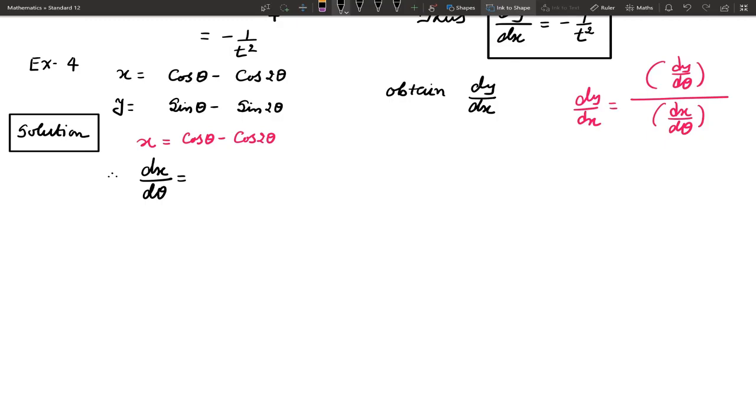So for cos theta it is minus sin theta, derivative of cos is minus, so minus minus plus, sin 2 theta into, by chain rule, d by d theta of 2 theta. So this is dx by d theta. As usual, we have to put condition not equal to 0.